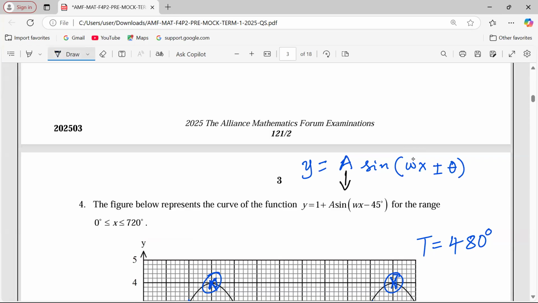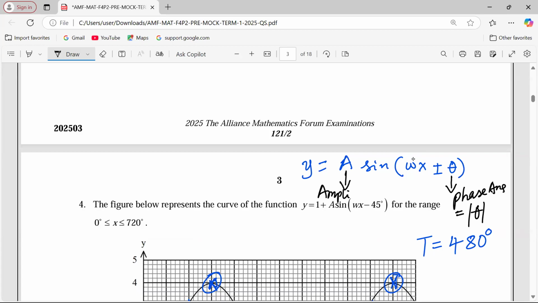That a is usually the amplitude, then the absolute value of the angle here is usually giving us the phase angle. So the phase angle is going to be the absolute value of the angle provided there.